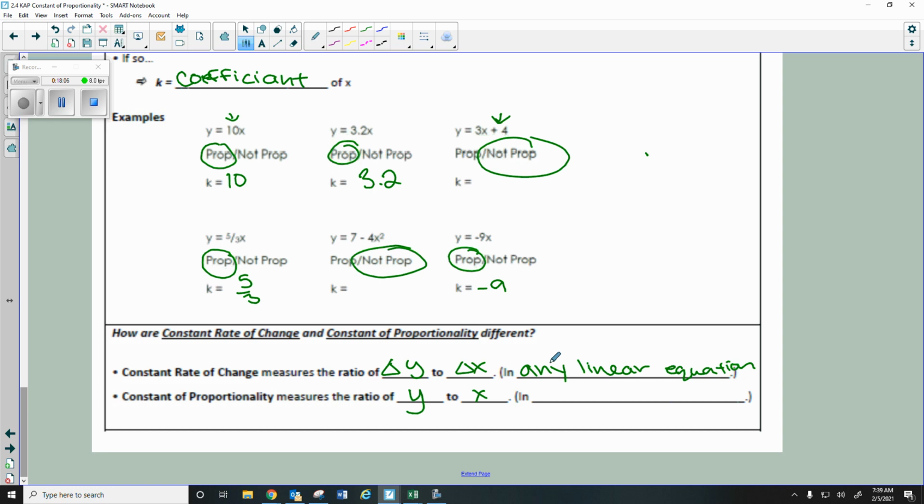This was not in all linear equations, it was only in multiplicative. So we're going to practice determining that over the next few days. It is important to know that there is a difference. Rate of change is for any linear equation, constant of proportionality just for multiplicative.